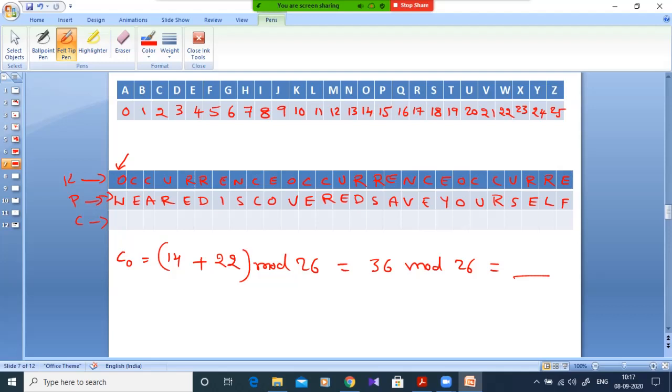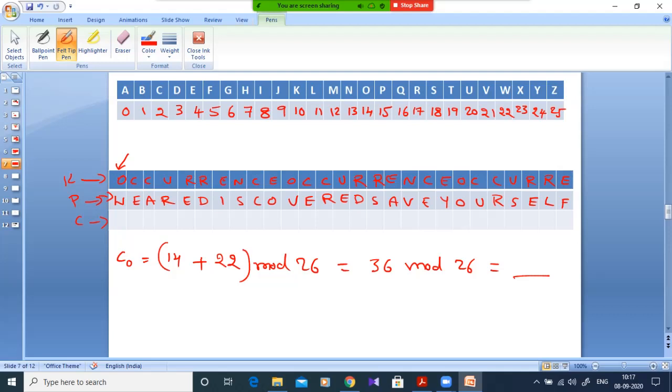So what about N and S? Please tell me. 5, sir. 5 is F. Okay. What about CC? CC means 2 plus 2, 4.